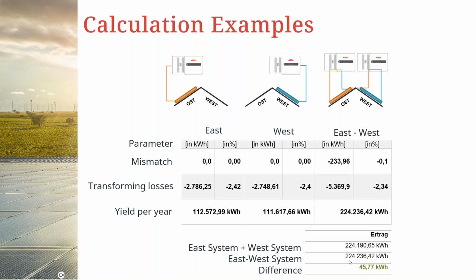And then by the time you take the difference between the yields for the east plus the west system, that is the first and the second, and then compare it with the modules connected to the east-west orientation, it is seen that there is a positive difference of up to 45.77 kilowatt hours, which of course proves that so long as the predefined conditions are met, being that all the modules must be inclined at the same angle and ensuring that all the modules are of the same specification, then you can be sure that there will be virtually no mismatching losses.